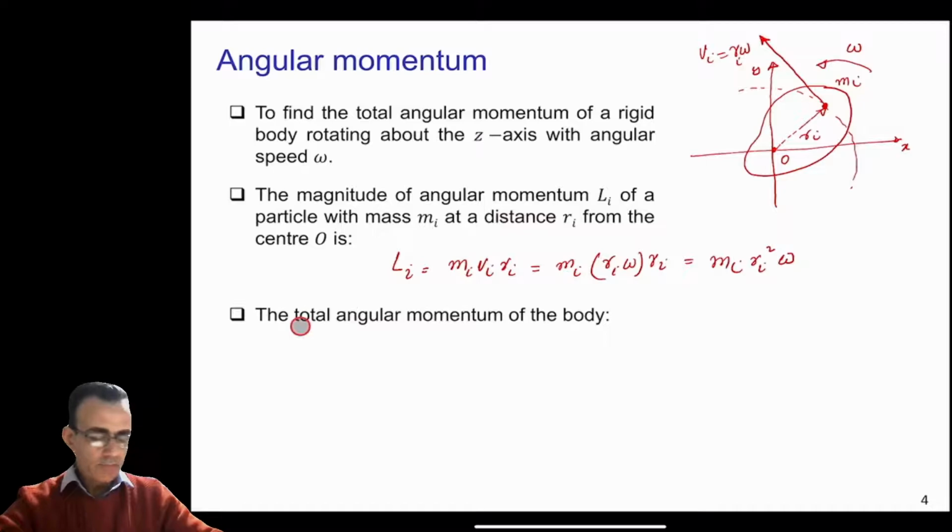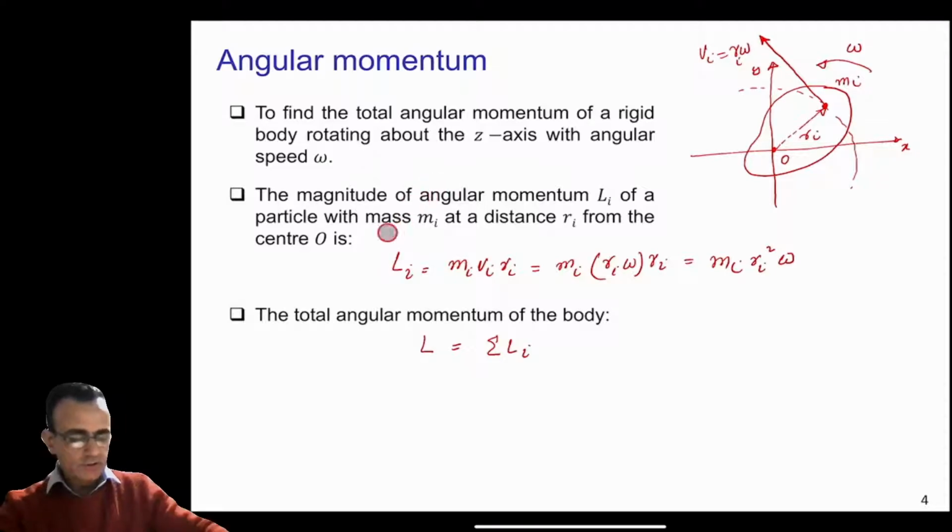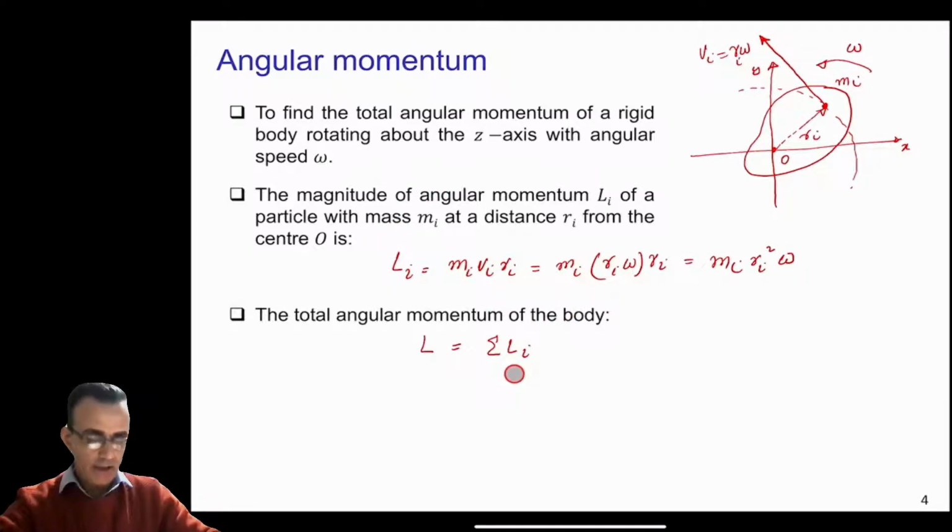Now if you want to calculate the angular momentum of the whole body, the total angular momentum will be equal to the summation of Li. This means that we will sum the angular momentum of all the points inside the body.